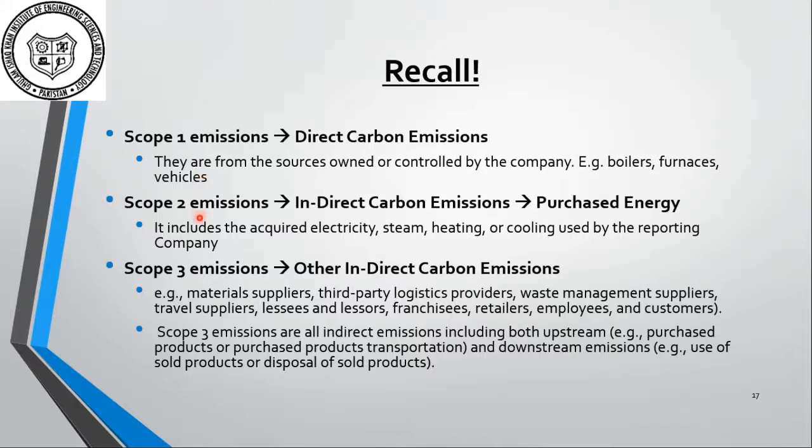Moving towards scope 2 emissions, which are indirect carbon emissions and mostly concerned with purchased energy. What it includes is the acquired electricity, the steam, the heat, and the cooling used by any company. So supposedly I'm an organization, I want to report my carbon footprint. I'll measure my indirect emissions that are possibly not produced at my site, but produced off-site.